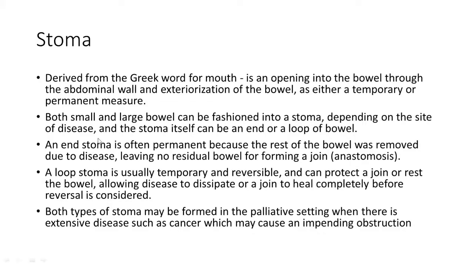A loop stoma is usually temporary and reversible, and can protect the joint, the anastomosis, or rest the bowel, allowing disease to dissipate, or a joint to heal completely before reversal of the stoma is considered.